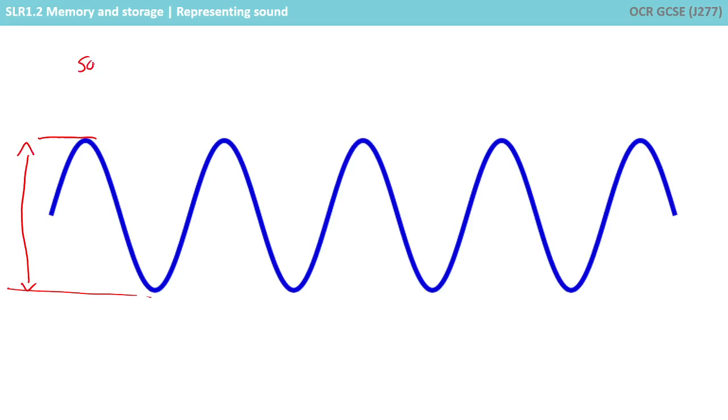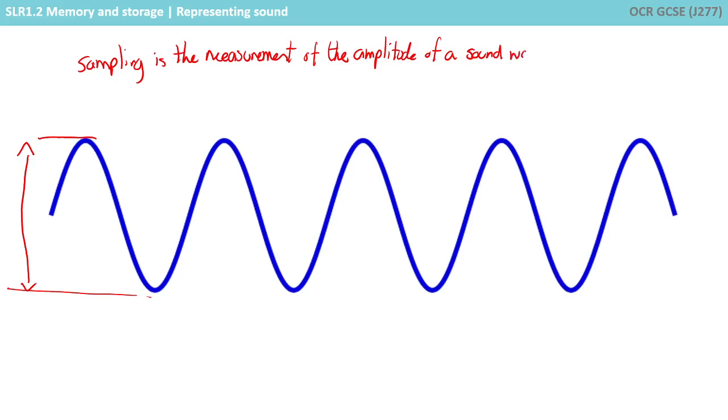So sampling is the measurement of the amplitude of a sound wave at regular intervals.